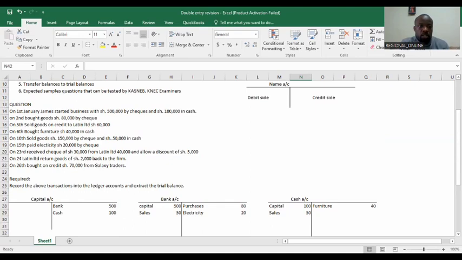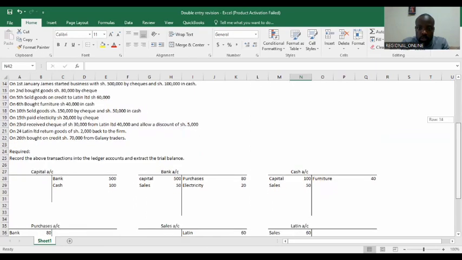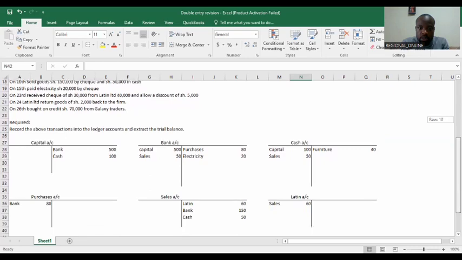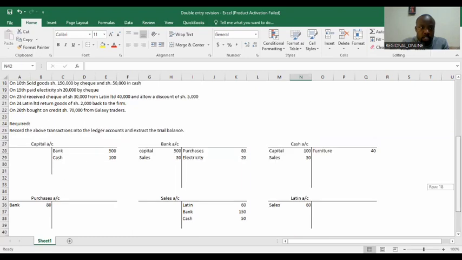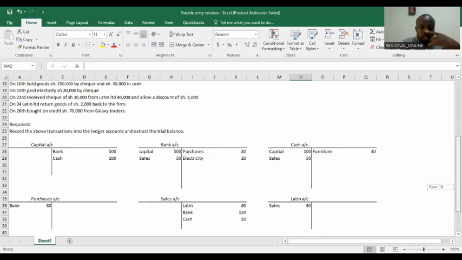Then the next one is on 23rd, received a check of 30,000 from Latin and allowed a discount of 5,000. So Latin was a customer that was sold some sales on credit on a certain date. If you go to the account of Latin, Latin is supposed to pay a debt of 60, but is paying the debt by giving the check to the business, 30.